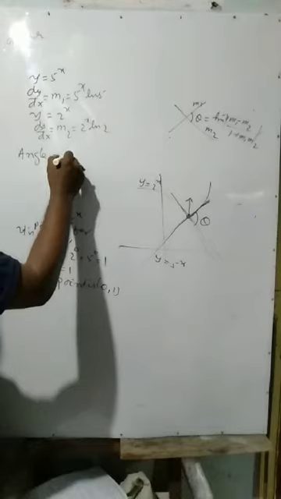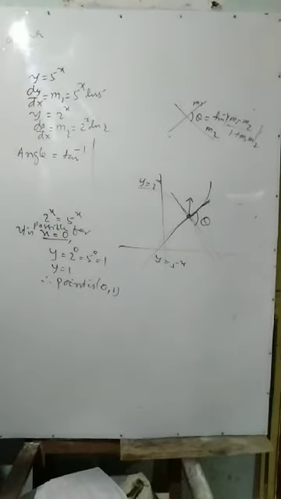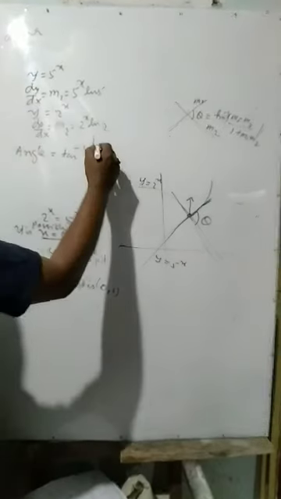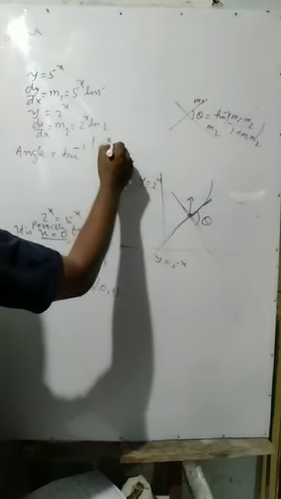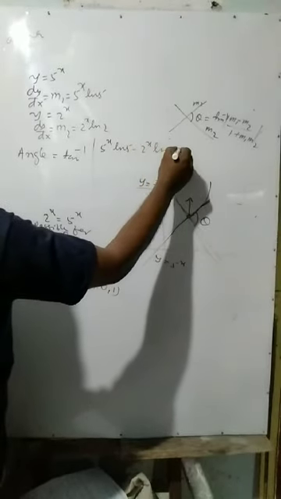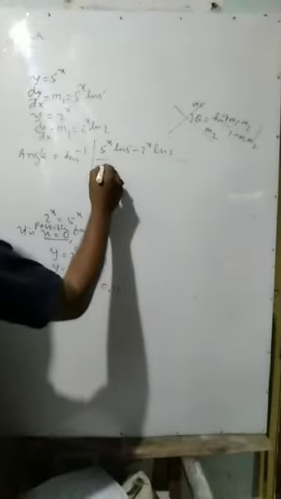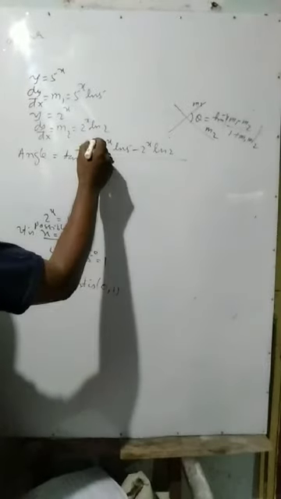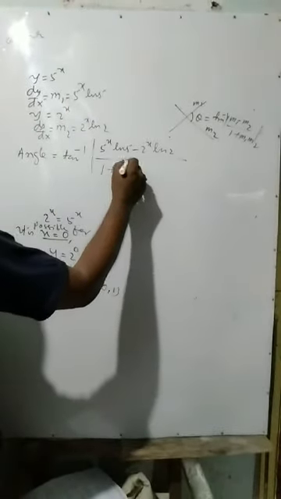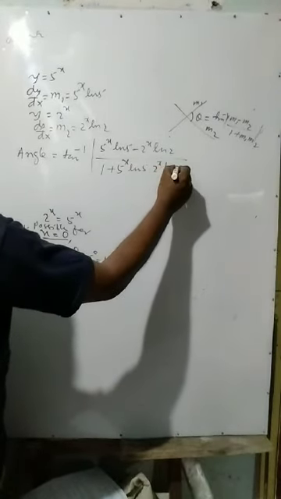The angle equals tan inverse of (5 to the power x ln 5 minus 2 to the power x ln 2) by (1 plus m1 into m2), where m1 m2 is 5 to the power x ln 5 into 2 to the power x ln 2.